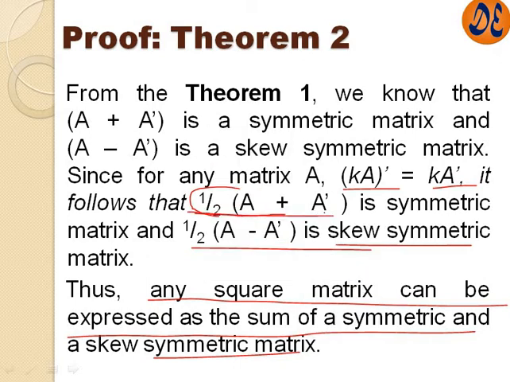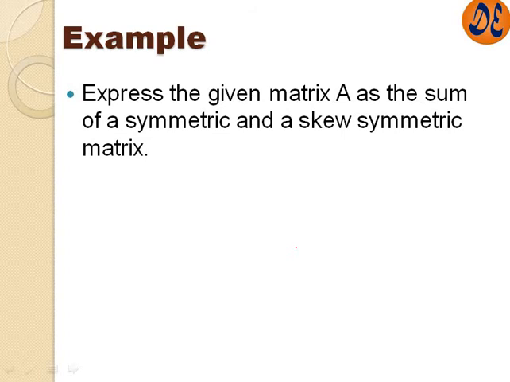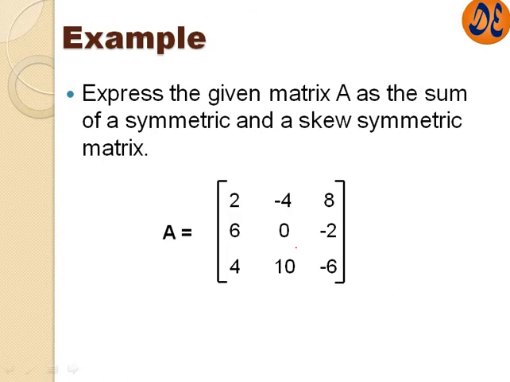That means you will have to show this one plus this one, and if you can show that the sum of these two is the matrix itself, then we have shown it. So let me see one example. Express the given matrix A as the sum of a symmetric and a skew symmetric matrix. That matrix is this one.